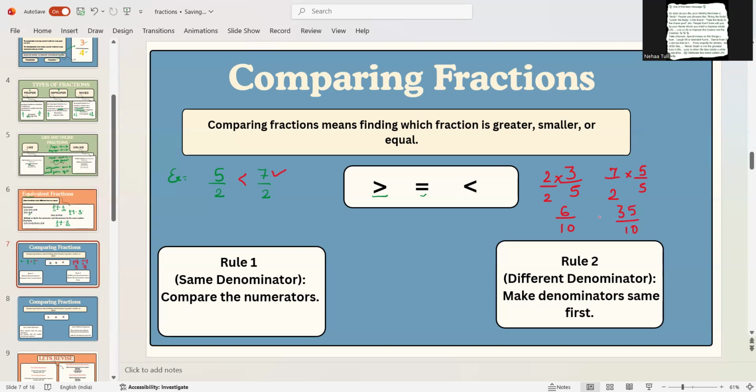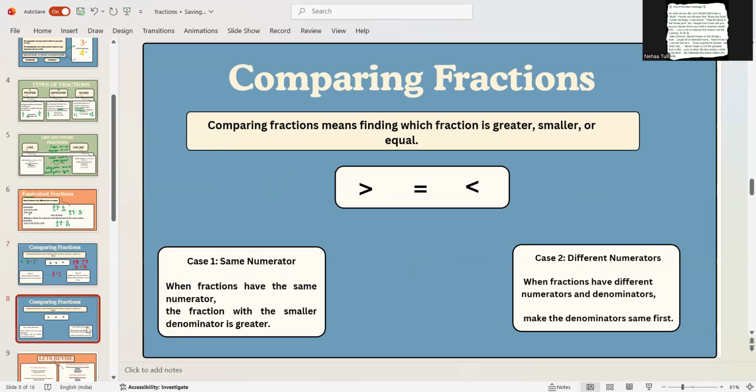So what we do? We just check the numerator, that is 35 is bigger. So we can say that this fraction is bigger. So our answer will be 3 by 5 is smaller than 7 by 2. So this is your answer. Next, we will learn the next topic, that is in which the numerators are same.